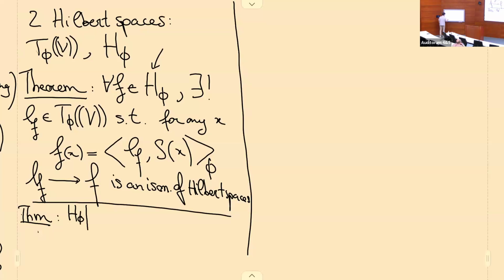If you take a compact set, restrict H phi to this compact set, and take the uniform closure, this gives you all continuous functions on this compact set. So the RKHS has the same nice universal approximation properties as linear functionals on the signature.